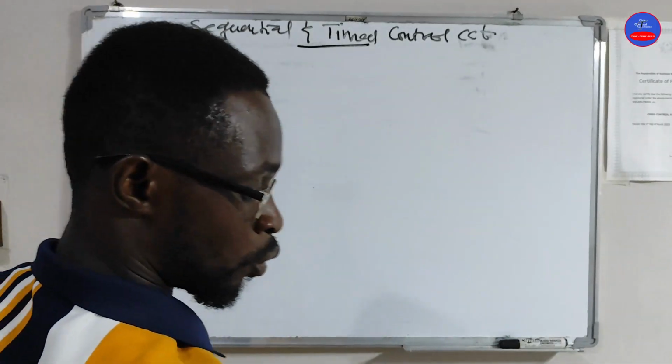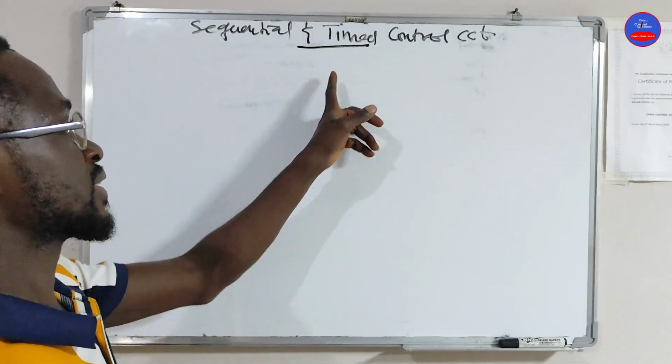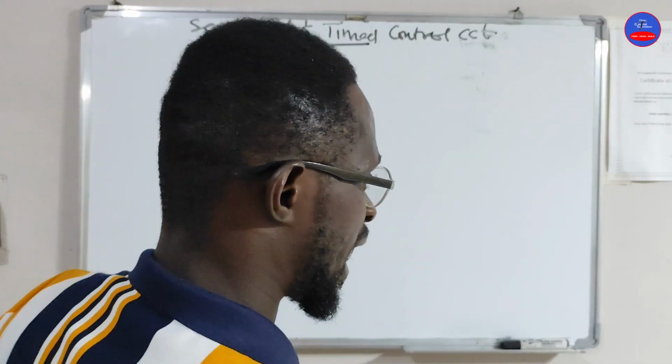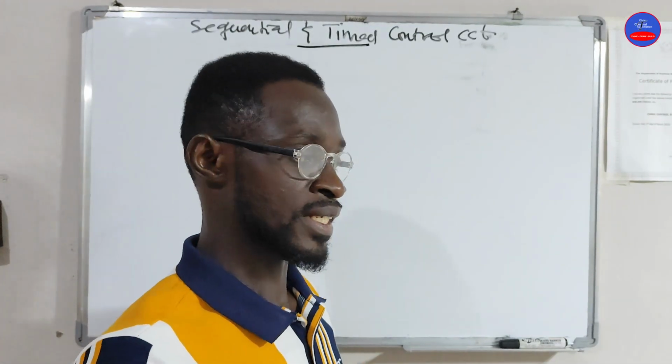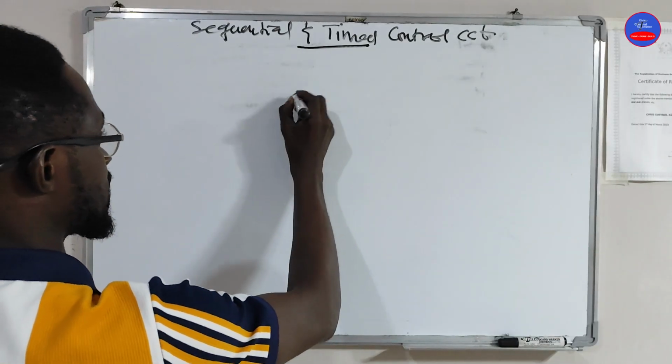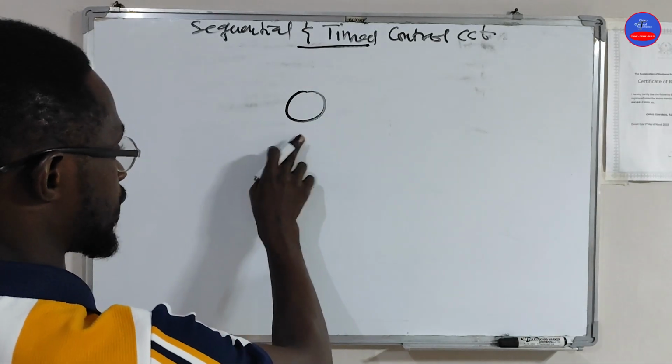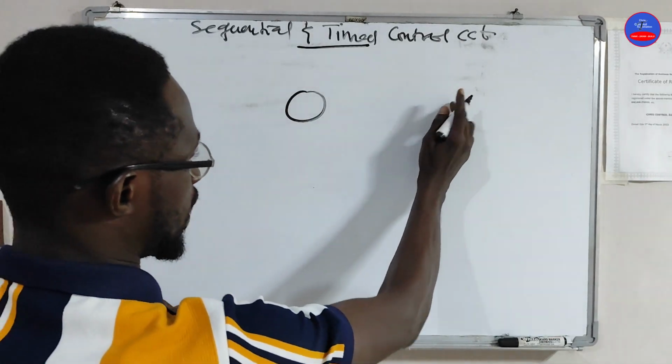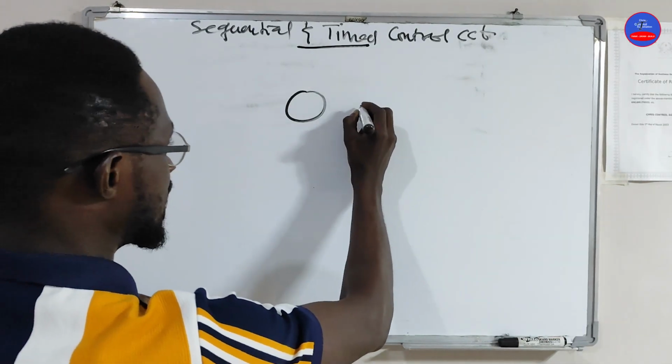Now, what do I mean by timed control circuit? A timed control circuit is a circuit where this one comes on first, but before the next one comes on, there should be some delay.